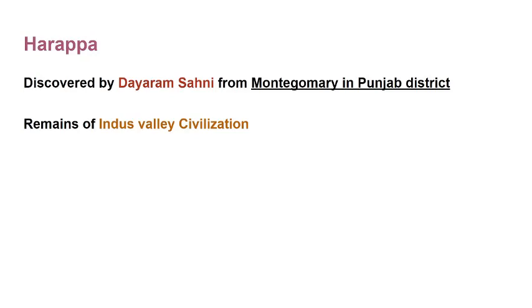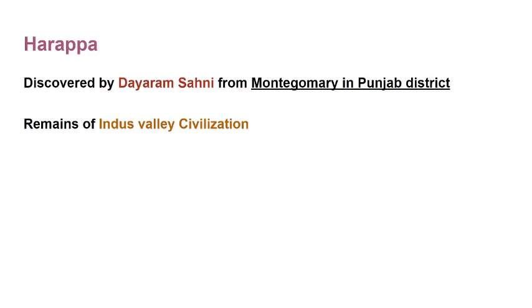Indus Valley civilization is also called Harappan civilization because the remains were found from that place for the very first time. The ancient city of Harappa was heavily damaged under British rule.